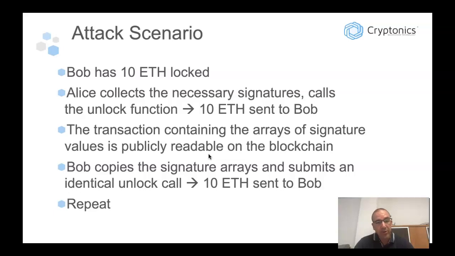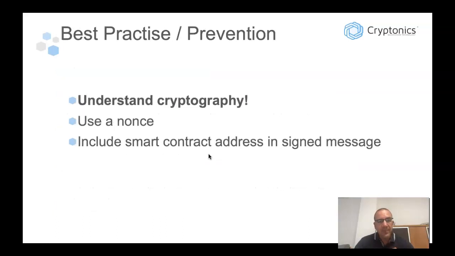And now he has got 20 ETH, whereas he only had 10 ETH locked into the contract, and he can essentially repeat this until the contract runs out of funds, so he can drain the contract. And so that's just a very basic scenario where a signature of a message can be reused because the message doesn't include enough information. And so let's just look at how to prevent this and what the best practices are.